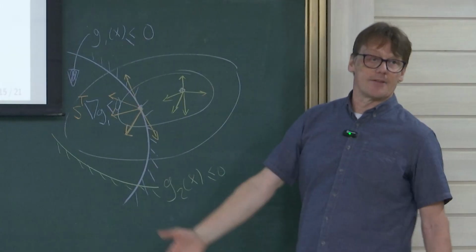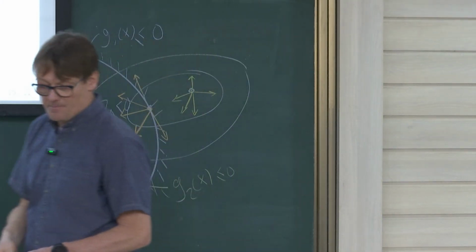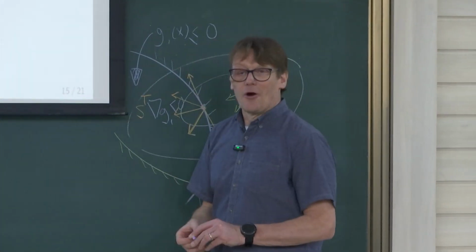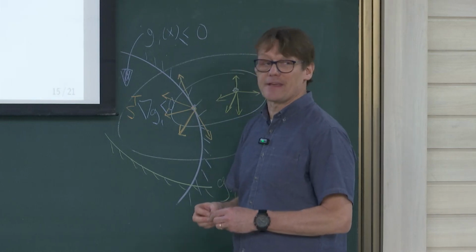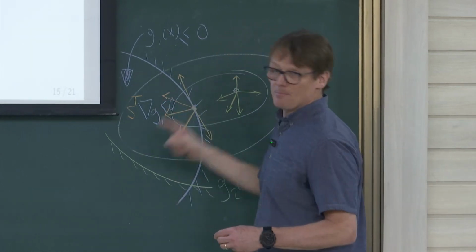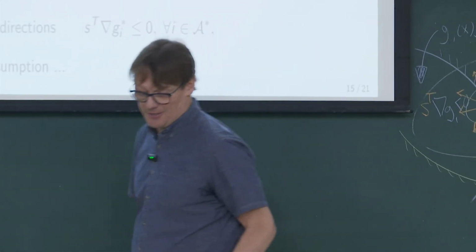You go strictly into the interior. So they're strictly feasible directions, actually. And I know a few lectures ago, somebody asked about the Mangasarian-Fromovitz constraint qualification, and this is what pops up in that constraint qualification. So exactly that condition.